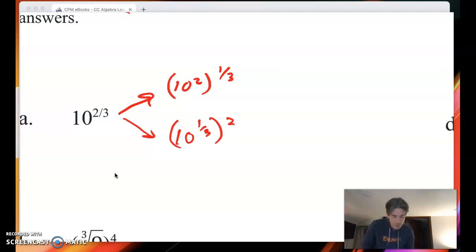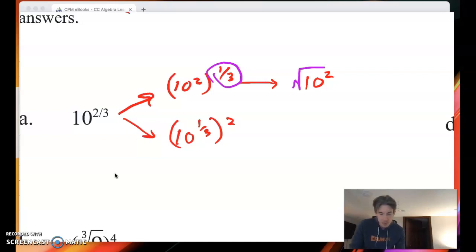But I'm going to throw a third one at you, because what I want to show is a connection. I can take this 10 squared that I have inside the parentheses there. But this 1/3 power actually means something important. Anytime I have a 1/3 power, that's the same as a radical with an index of 3.